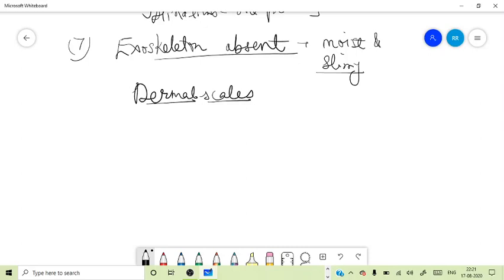Why are they called dermal scales? Due to the origin from dermis. So generally exoskeleton is absent, but if present, then dermal scales are present in some members and they originate from dermis, so they are known as dermal scales.